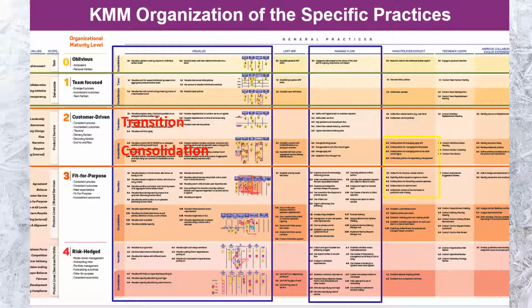These transition level practices are there to help you go from level to level, but not inject too much stress, not ask you to do something you are not ready for. The more advanced practices are at the consolidation levels. The transition practices are just between levels to help you go through the change.